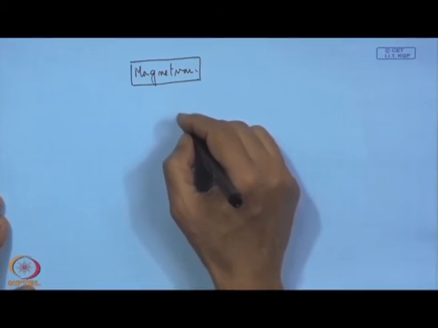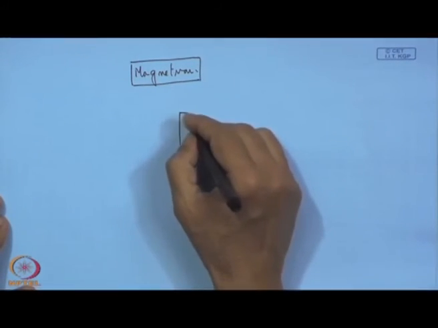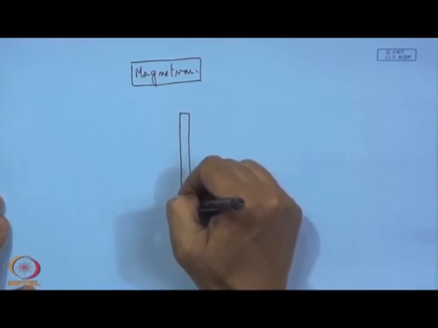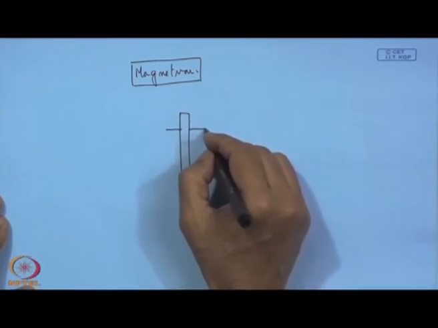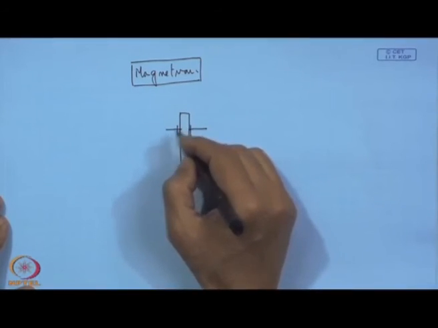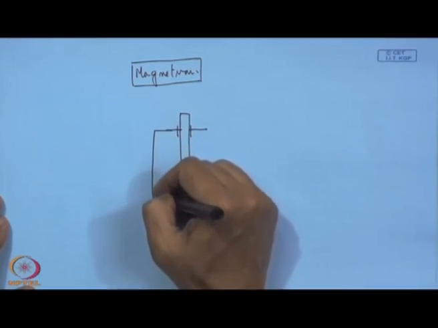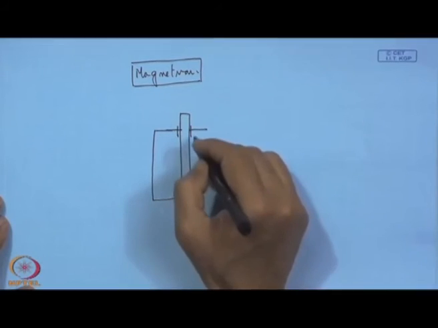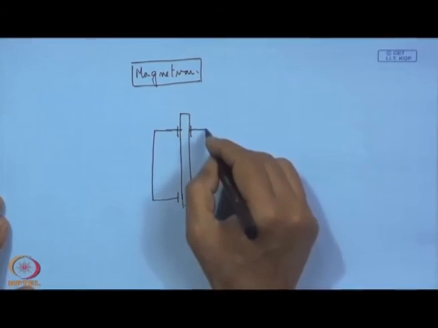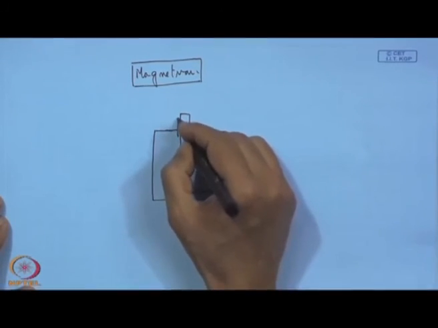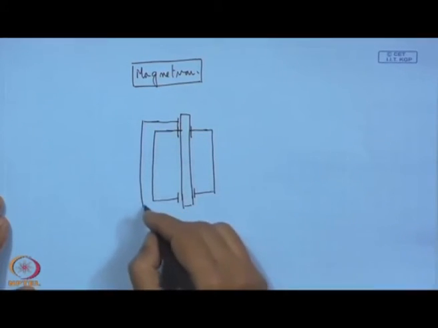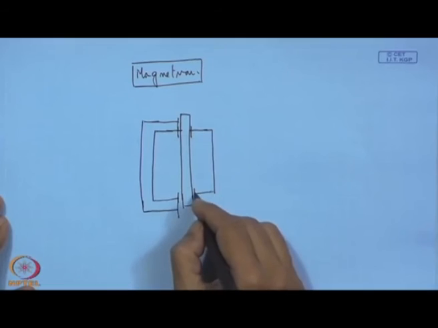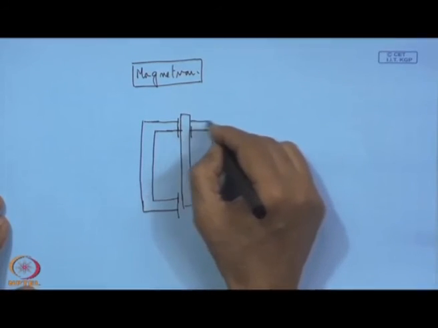That means, here we have one central anode, and then we have one annular cathode, and we also have one auxiliary cathode. So, these are the two cathodes.